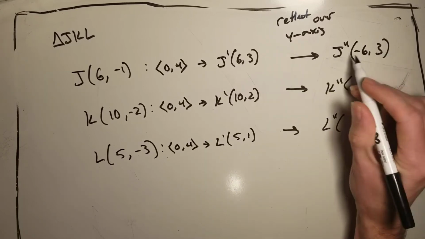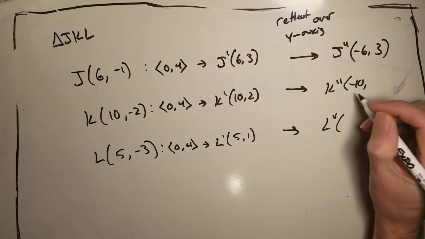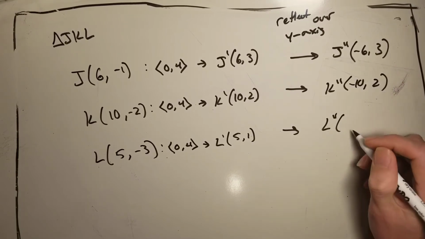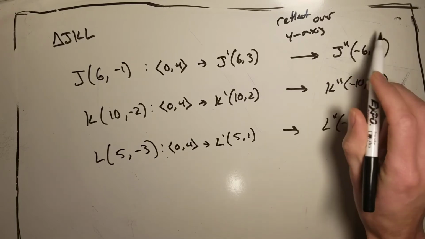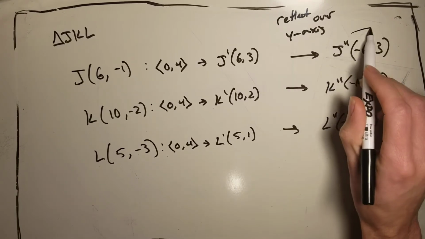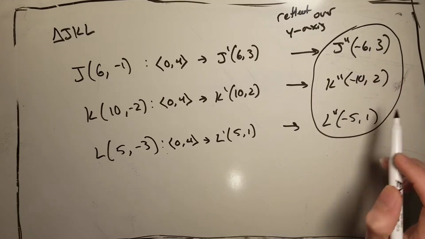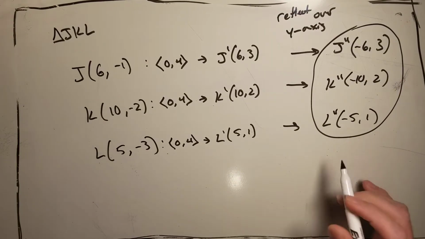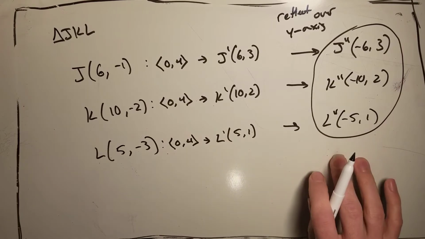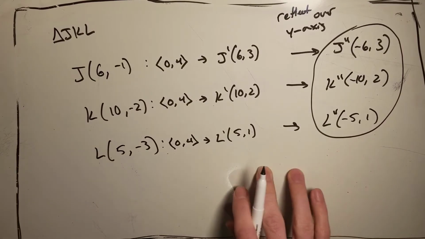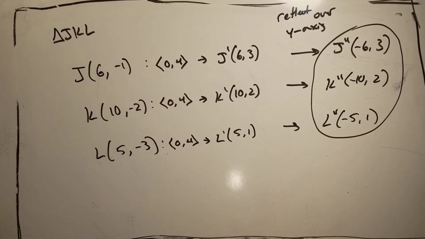So we'll have (-6, 3) for J double prime, (-10, 2) for K double prime, and (-5, 1) for L double prime. These are going to be the coordinates for the vertices of your image after you've done the translation and then the reflection. So after your composition here, your glide reflection.